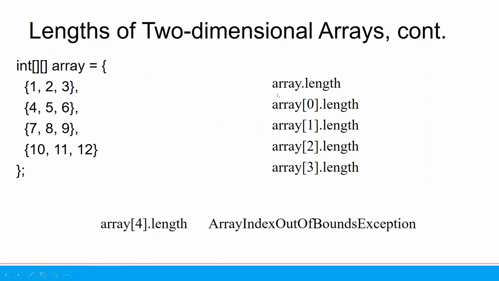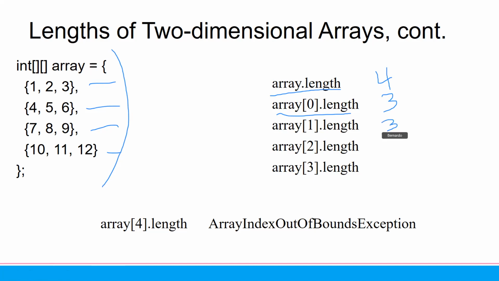For example, in the array.length, for this example, what is the result? In array.length, we have 4, because we have 1, 2, 3, 4. What is array 0.length? Yep, we have 3. What is array 1.length?